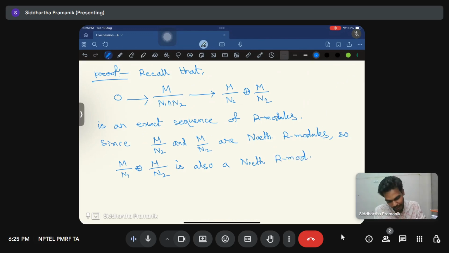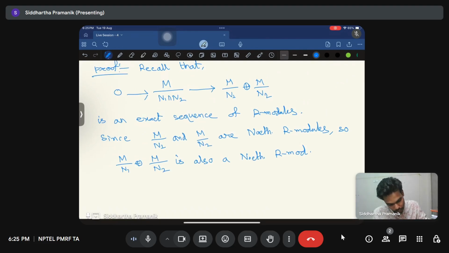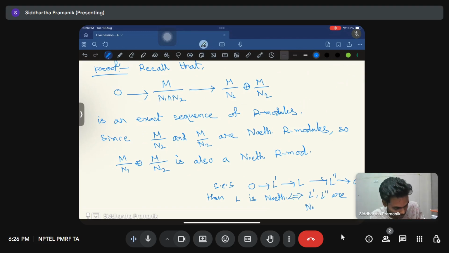This is a standard fact: if you take any short exact sequence like 0 to L prime to L to L double prime, then the middle one L is Noetherian if and only if both L prime and L double prime are Noetherian. This is a very standard fact. If you have not done it, just try to prove it. So we will use this one.